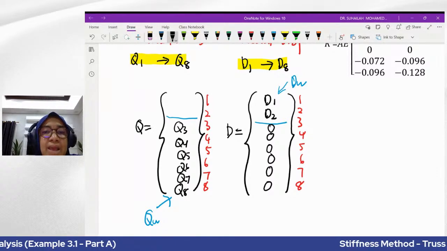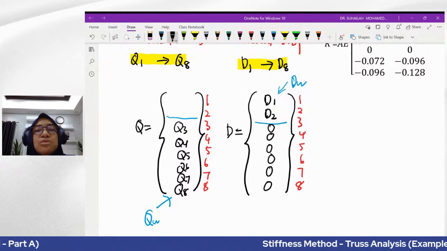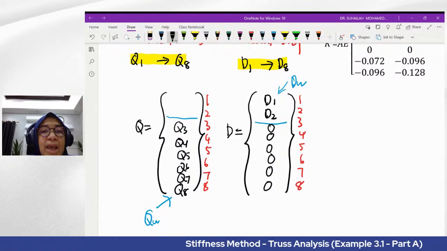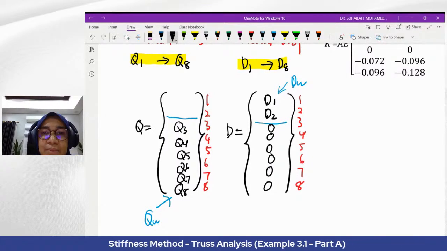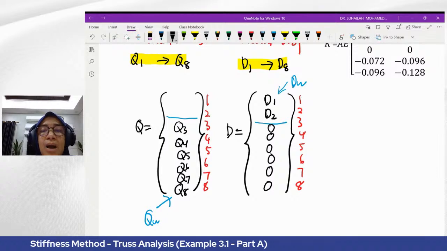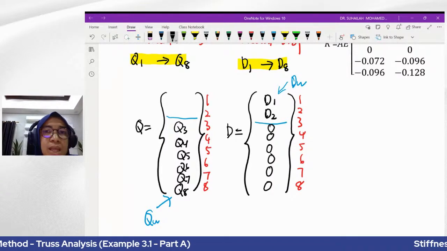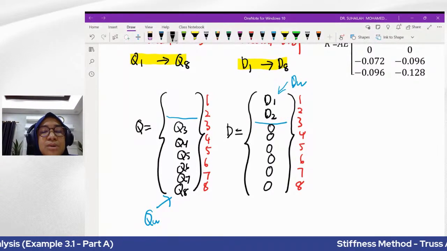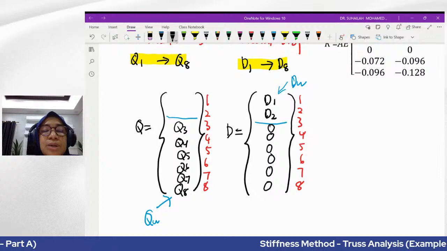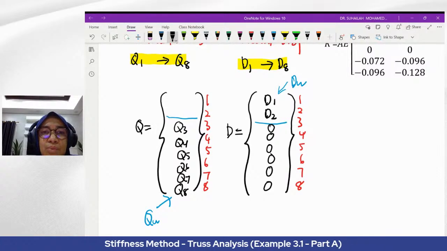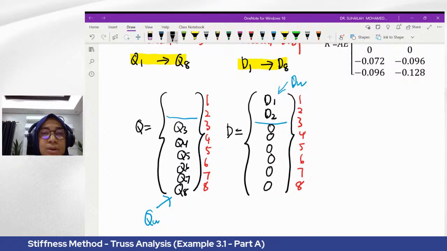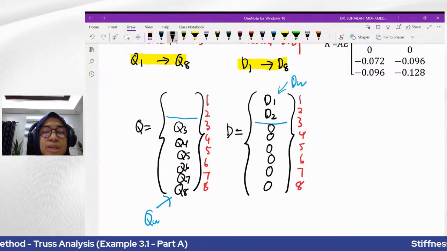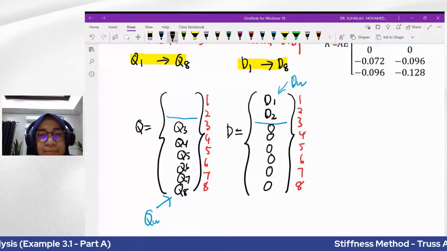Please look at this carefully. We can see that between Q and D there are opposite conditions. For example, in Q at positions 3 until 8 we put the label unknown, because Q3 until Q8 are unknown.